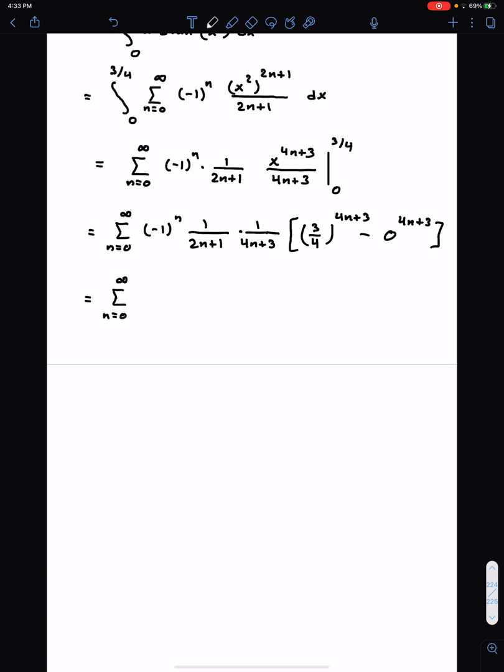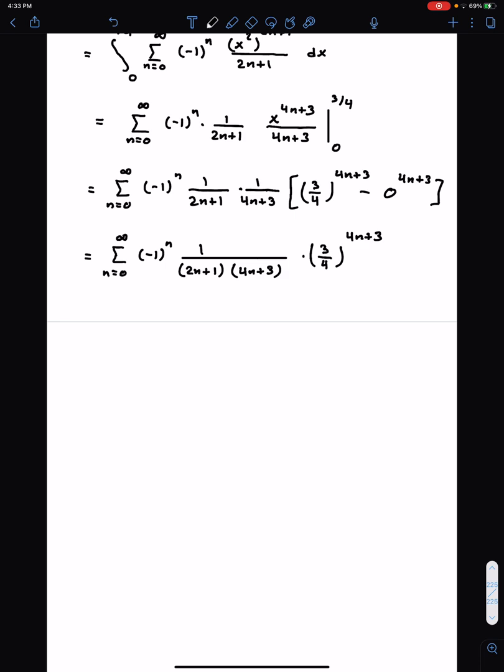Which is equal to the sum as n goes from 0 to infinity, (-1 to the n) times 1 over 2n plus 1 times 4n plus 3 times 3/4 to the 4n plus 3.